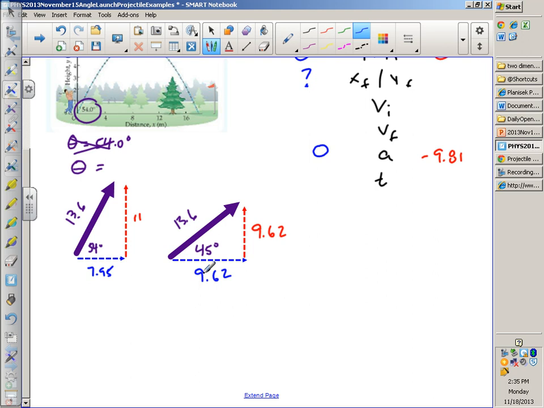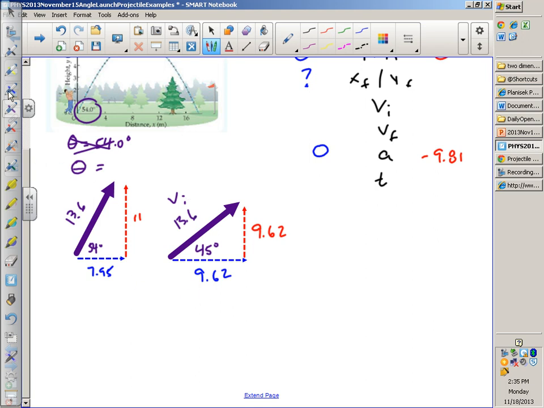All right. Now, what do we do with that? Okay. Those numbers, remember, this 13.6 only applies at the moment that we hit that golf ball. Meaning, this is the initial velocity, but it's not initial velocity horizontal or vertical, it's the combination of the two.